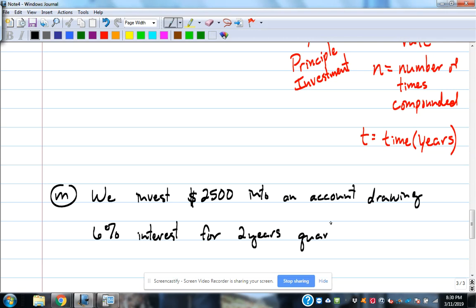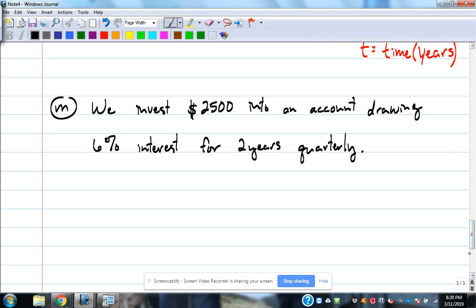Compounded quarterly. So there's the situation. Let's find out how much the account is worth. So that's P, that's R, that's T. Quarterly means that N is 4. Okay, so those are the things we're finding from that word problem.